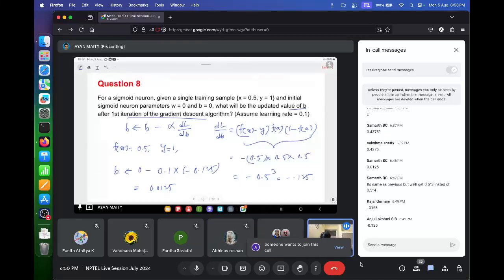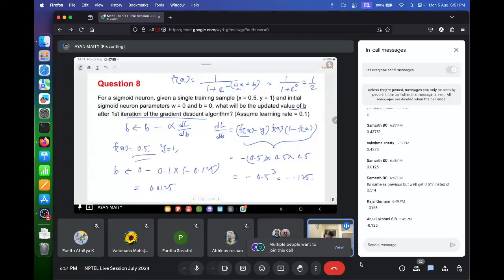No, f(x) is 1 divided by 1 plus e to the power minus (wx plus b). So w is 0, b is also 0, right? Yes. So it would be 1 divided by 1 plus e to the power 0. Clarified. So it is half, which is 0.5.